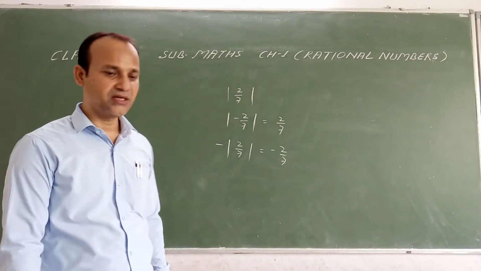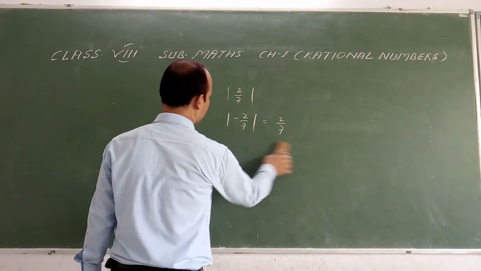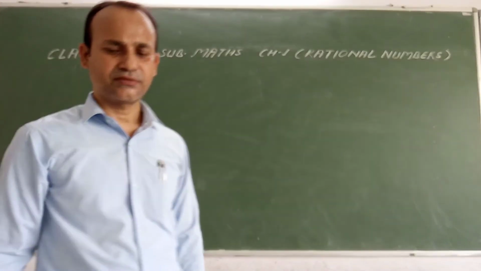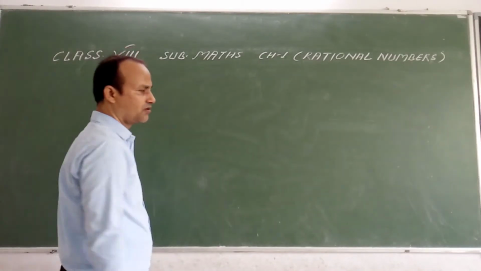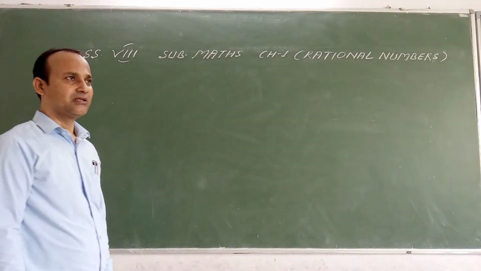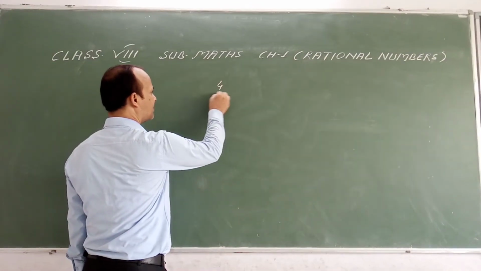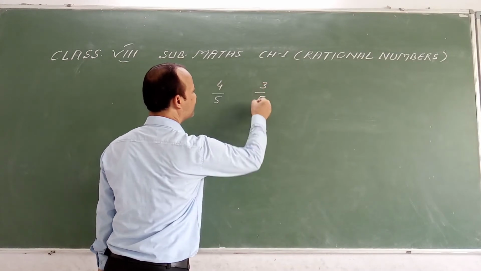Now next topic is comparison of numbers. How can you compare rational numbers? For comparison of numbers, you have to take care of two things. First, the denominator's value, means 4 upon 5, 3 upon 5.